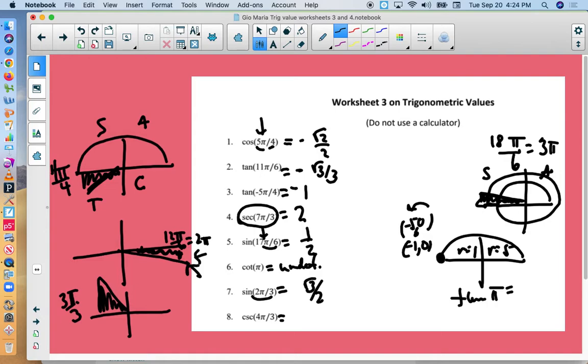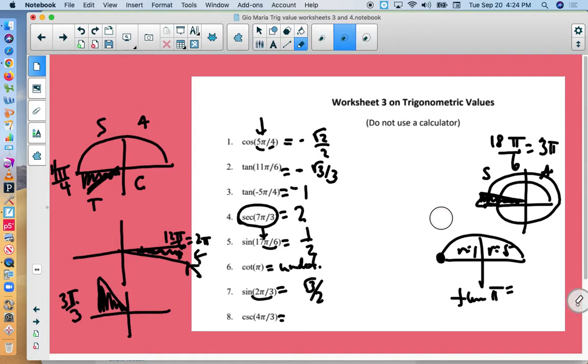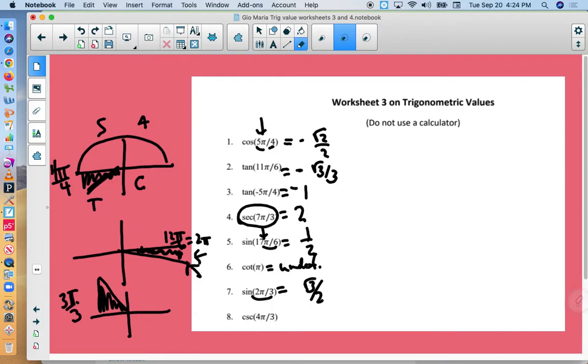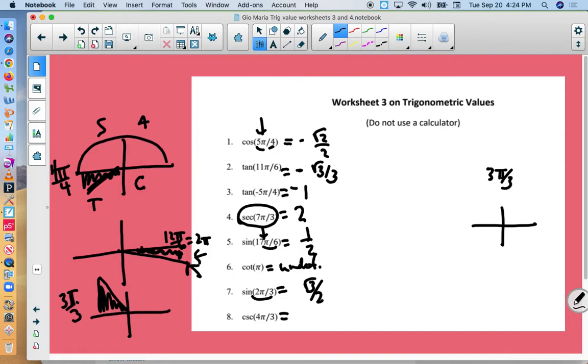All right, so think of the closest multiple of 3 you can get to 4 pi over 3. It can be 1 under or 1 over. The closest thing I can get to is 3 pi over 3. This method will always shoot you over here or over here, which is what we also do with degrees. So I know this is 3 pi over 3, so 4 pi over 3 ventures into the third quadrant.